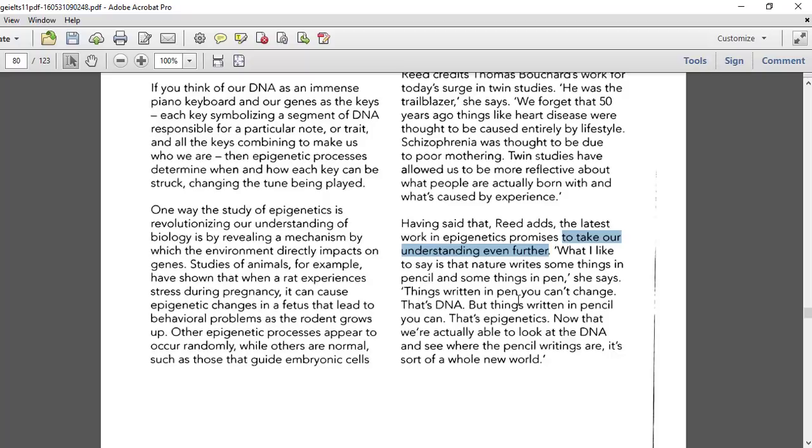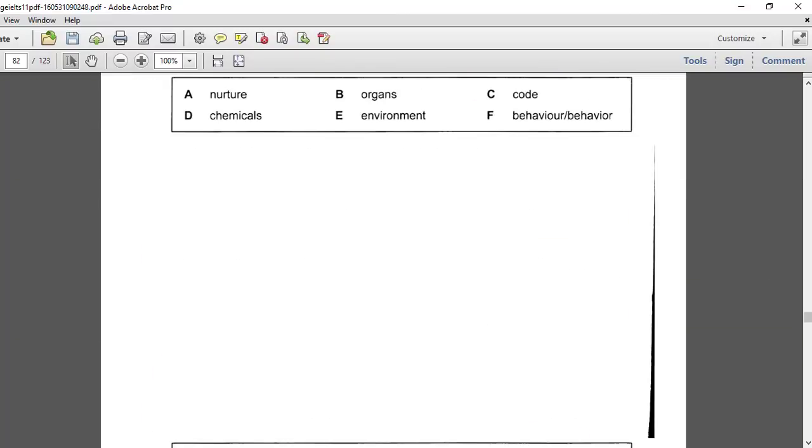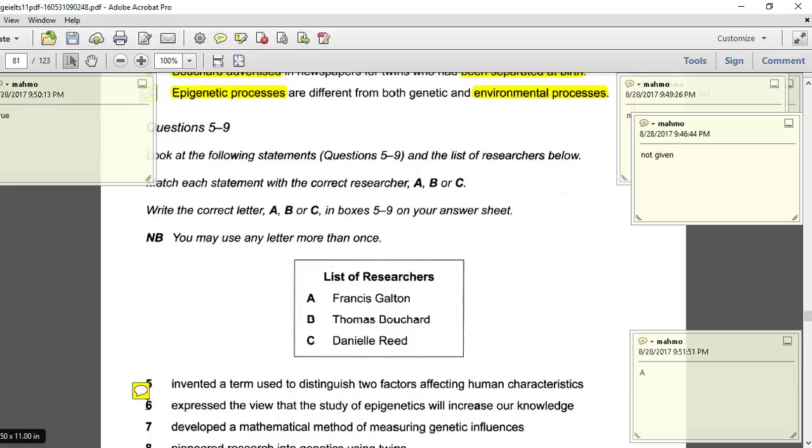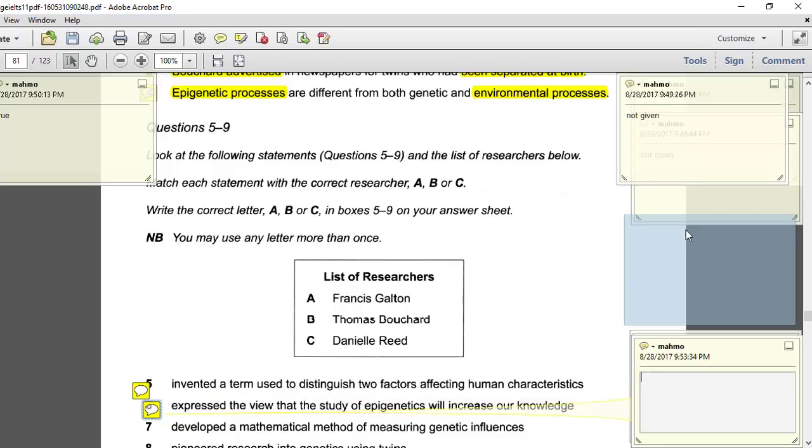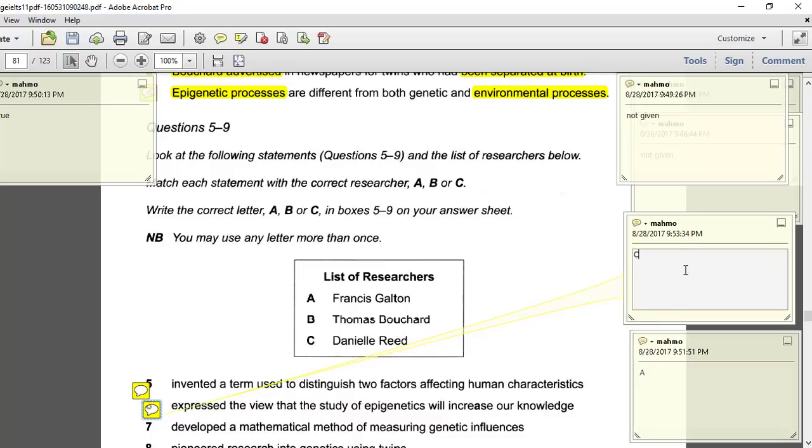So it develops the understanding, it develops the knowledge. So I think it's Reed. Definitely Reed. So we get back to the question, and number 6 is Reed. Reed is number C. You cannot write Reed.